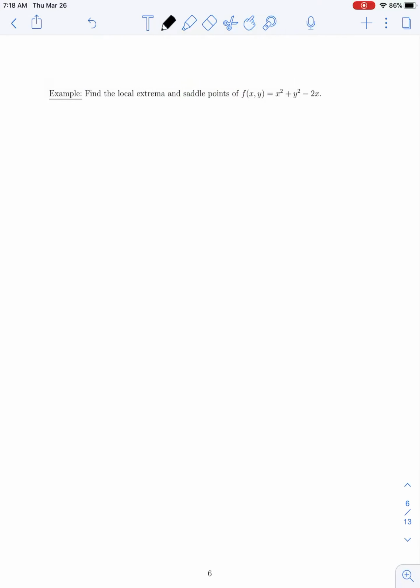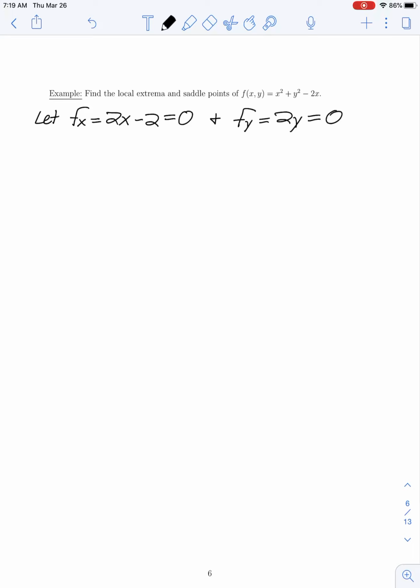So let's look at some examples making use of this second partials test. In our next example, we are asked to find the local extrema and saddle points of the following function. So our first step would be to find the critical points of this function. And to find our critical points, we know we need our partial derivatives to be 0. So here, our partial derivative with respect to x is 2x minus 2, which we set equal to 0.